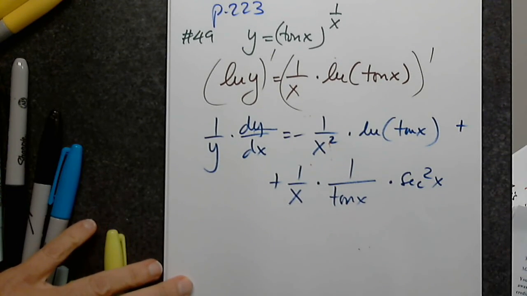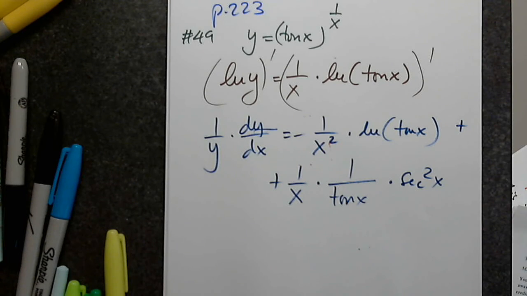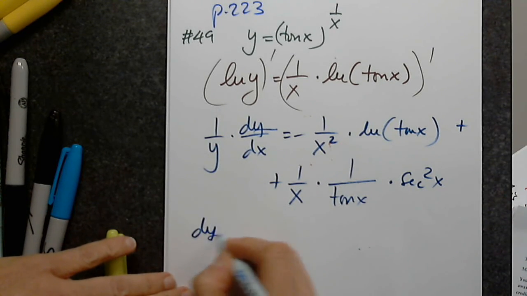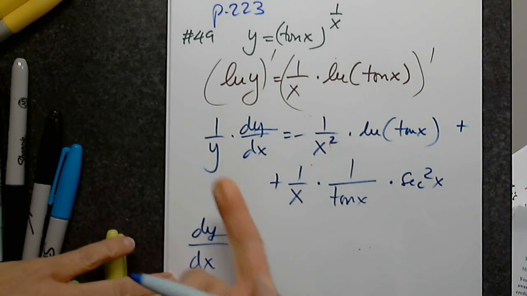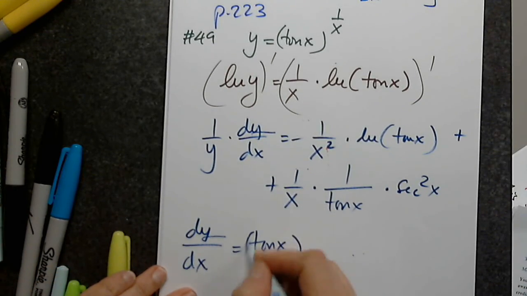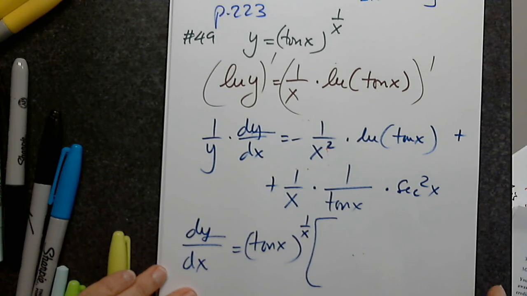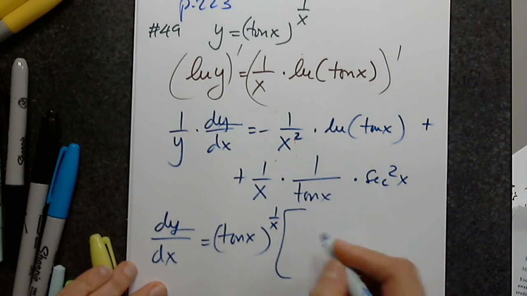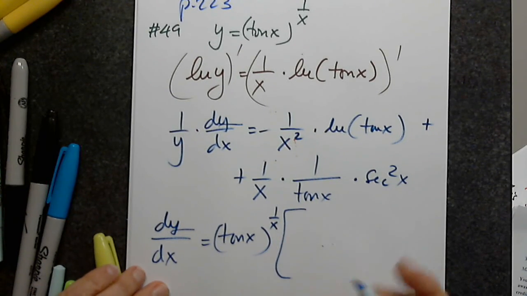Yes, you can factor out 1 over x, but there is no need in this particular problem. So dy over dx equals, I multiply both sides by y, so tangent x raised to 1 over x, and then I copy the rest. I'm going to copy these two fractions because it will be easier.